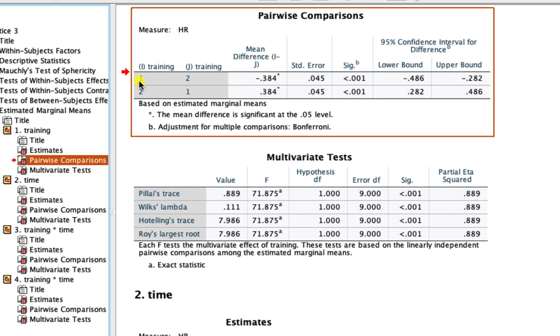In here we have training 1 as our continuous running, training 2 as our interval running. We can see the mean difference was calculated by doing continuous minus interval. So having a negative mean difference indicates that the mean heart rate for our interval training was greater than the mean heart rate for our continuous training.